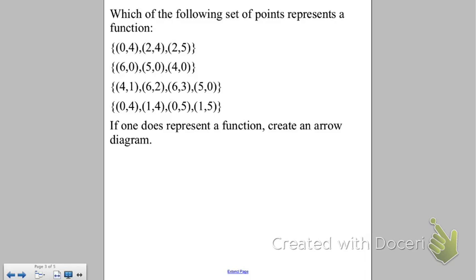So in order for a set of points to represent a function, remember, each x value has only one y value. So I look to see where each x value only has one y value.